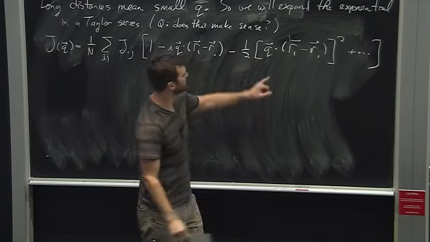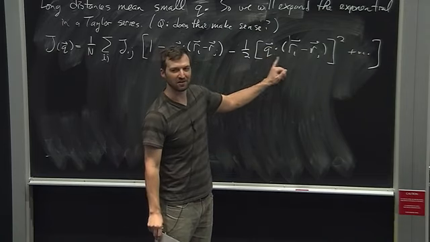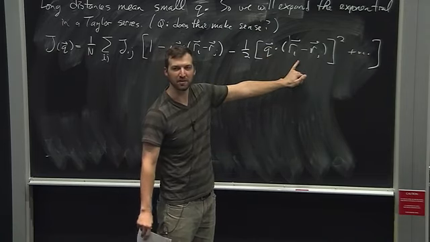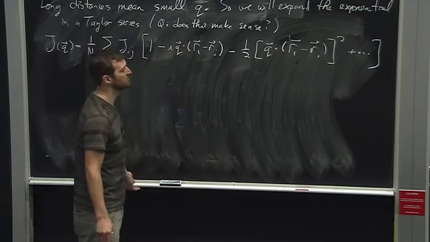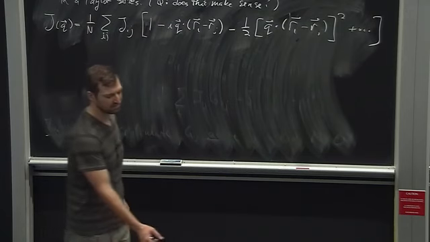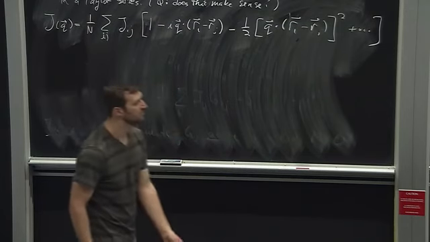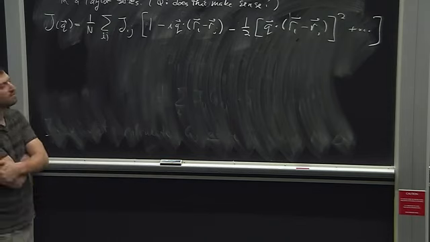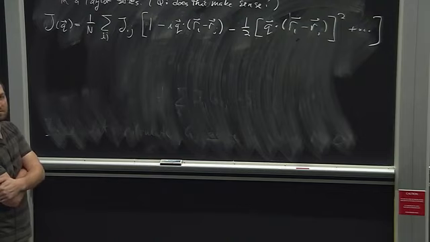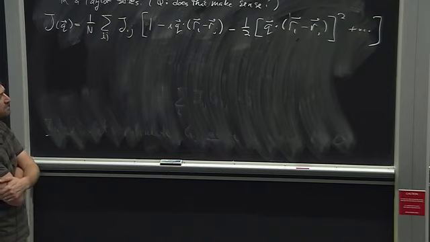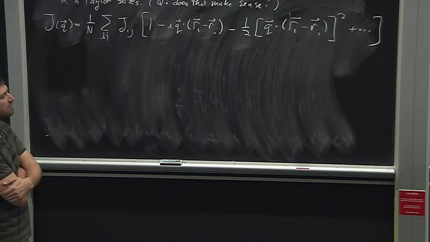So what you're saying is, if this is small and this is large, how are you justified in doing this expansion? I think it's okay because if you set q to be small and then you choose the terms where Ri minus Rj is of order 1 over q, then the product should be close to 2 pi or some multiple of 2 pi, and then you can do it modulo 2 pi and expand around 0. So I think it's fine.